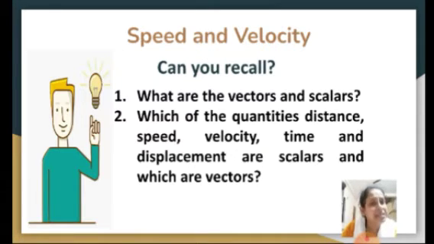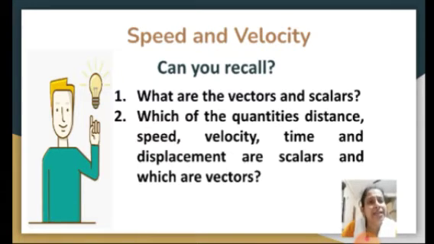That means displacement is a vector quantity and distance is a scalar quantity. Speed and velocity, once you learn about them, I will tell you whether they are vector or scalar quantities. Then next is time. Time does not have any direction. It only has magnitude and therefore it is a scalar quantity.